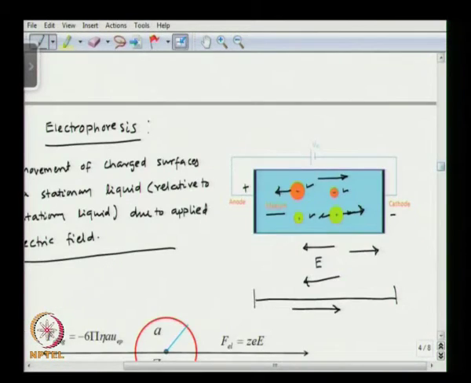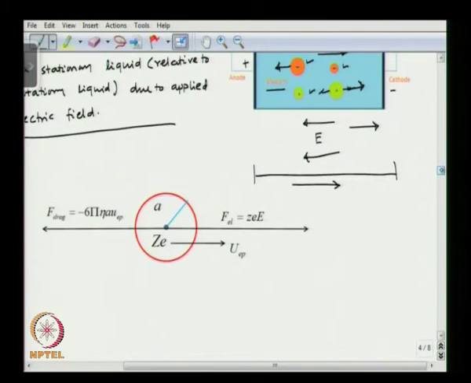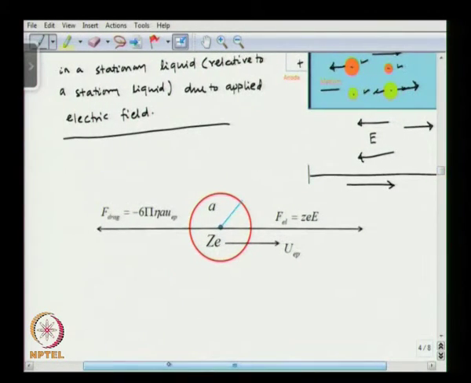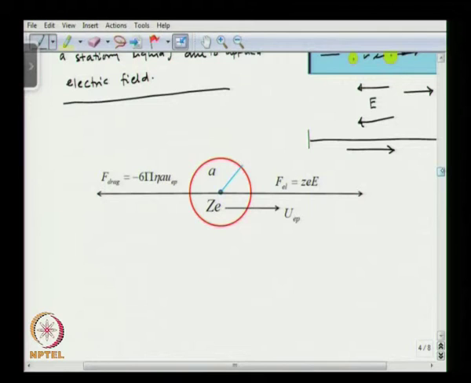Okay. Now, here if you consider one such spherical charged particle, we consider this particle of radius a and charge Jd.